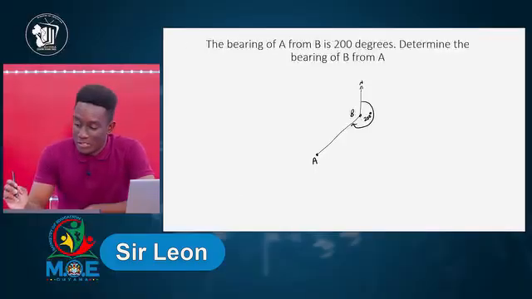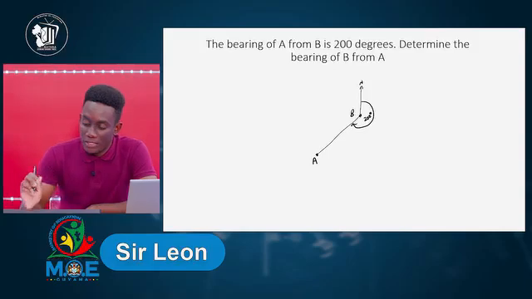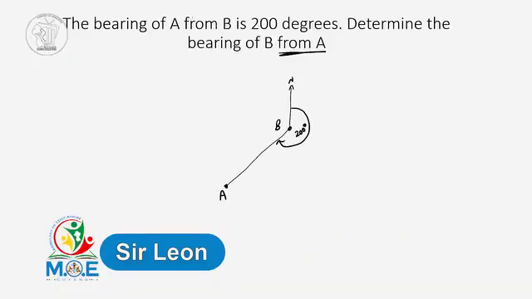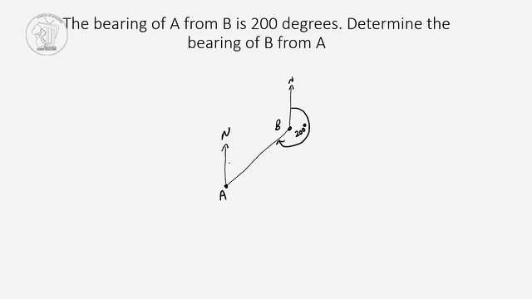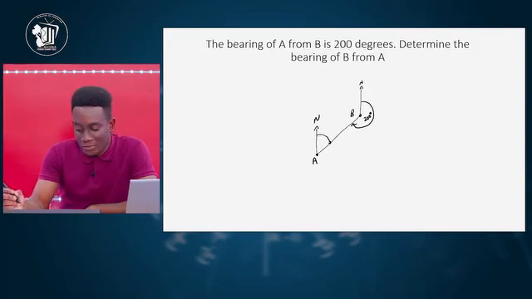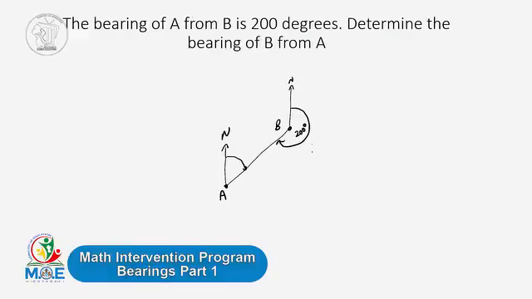The next thing they want us to determine is the bearing of B from A. In this case, you see the from is at A, so at A is where we'll get the angle now. We draw up the north line, and then for the bearing of B from A, we go north and then clockwise. We want to find this angle here. Here's the beauty about finding that angle. We already have 200 degrees here, and there's a relationship between this angle and this angle.